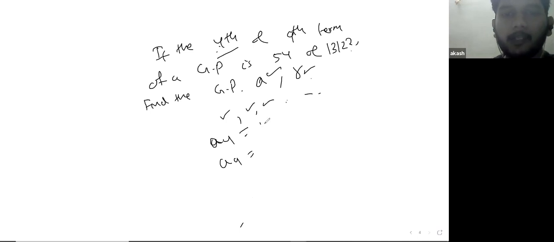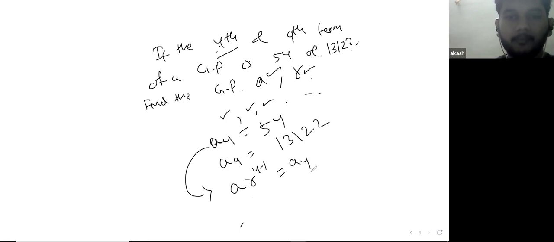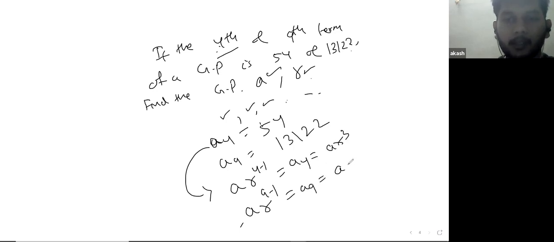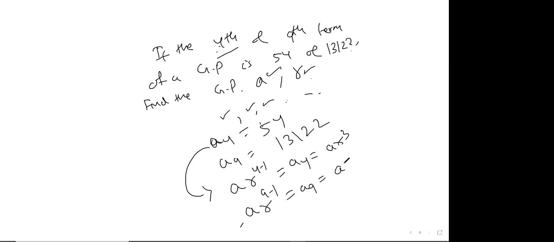See, we have A4 as 54, A9 as 13122. I can write the formula for A4 as A R raised to 4 minus 1, right? And A9 will be A R raised to 9 minus 1. So A4 is A R cube, A9 is A R to the 8, right?